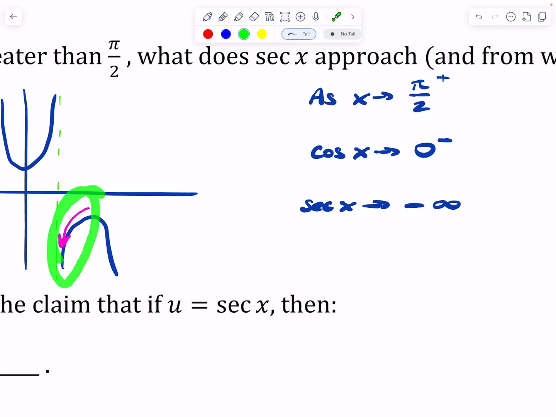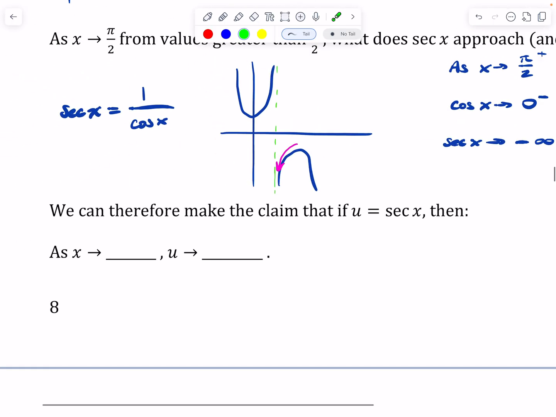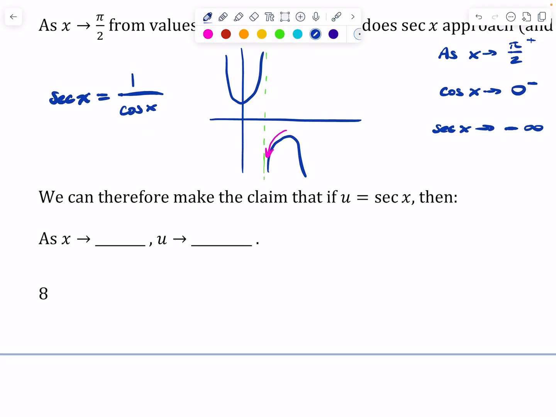And again, we see that here graphically. But a huge key here is that as x approaches pi over 2 from above, u is approaching negative infinity, if u is equal to secant of x. Note, there's no direction associated with approaching negative infinity. It's only possible to approach it from higher values.